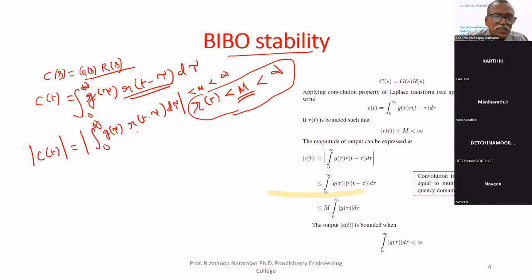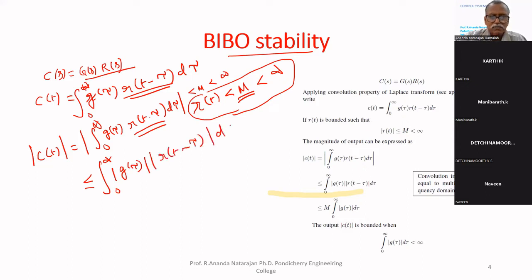But we know that R of T is bounded, that is, less than M. So we can say that it is less than or equal to the integral from 0 to infinity of modulus of G of tau times modulus of R of (T minus tau) d tau. This we know mathematically, as an inequality. If the modulus is broken down, then it must be less than or equal to G of tau R of (T minus tau) d tau.